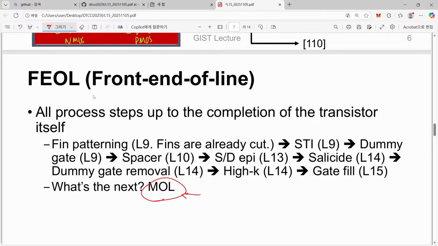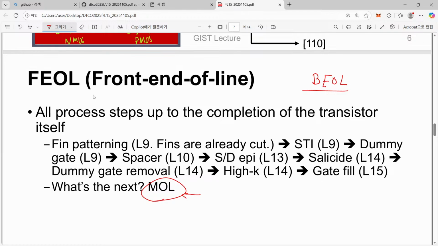Previously there were only two steps, front end of line and back end of line, because life was easier than nowadays. However, nowadays device structure becomes too complicated, and even making this intermediate level of interconnection becomes quite important.